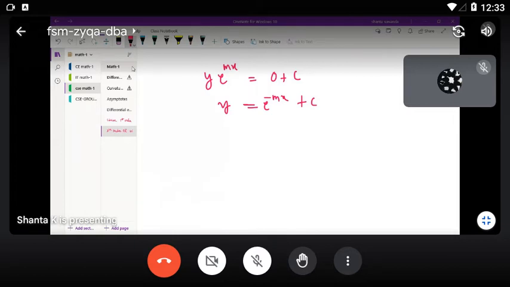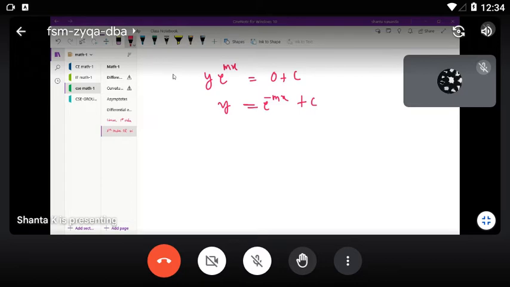So now for the second order, it is natural to try for a particular solution of the form y equals e power mx, where m is an unknown constant. If you have initial value problems, you can determine that value.